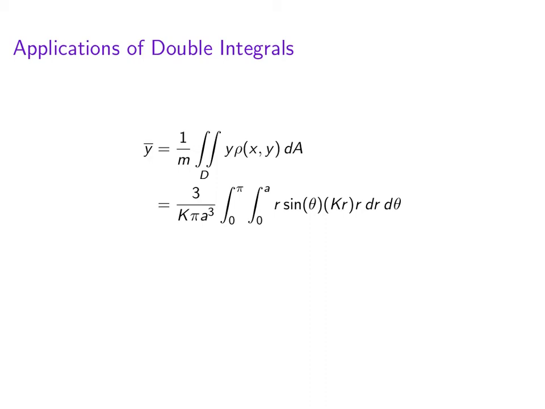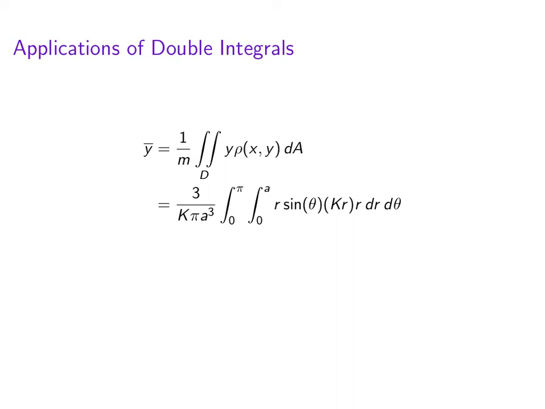That's just for 1 over the mass. Then the thing we're integrating, notice that y turns into r sine theta. And then we've already seen how rho is just kr. And of course, as always, for the integral in polar coordinates, we have the r, the scale change factor.